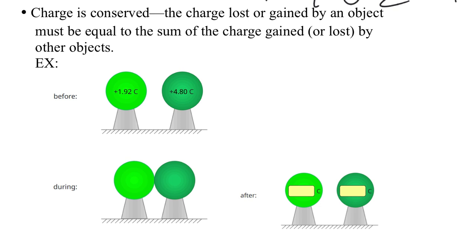Now, when they touch each other, electrons will move from the more negative one to the less negative one, which is the one that is less positive. So electrons will move that way.